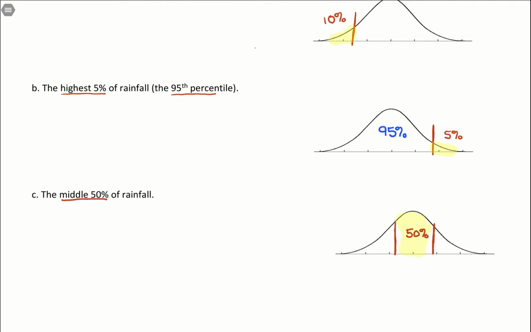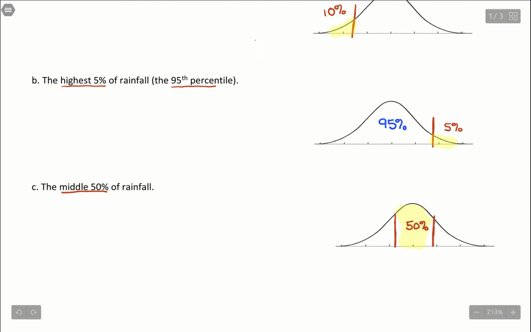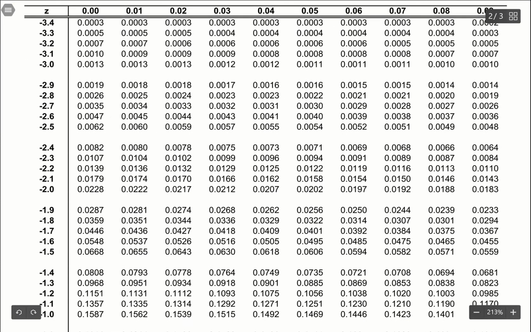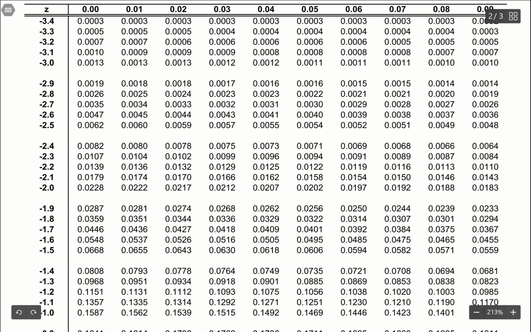So in these cases, we know the percentage, which means in terms of our table, we know what's going on in the middle. We know what value is coming out in this part of the table in the middle, and we need to find the z-score, or the term you'll see popping up, the critical value. So we're going to go searching for our areas in the middle of the table and then find the corresponding z-score.